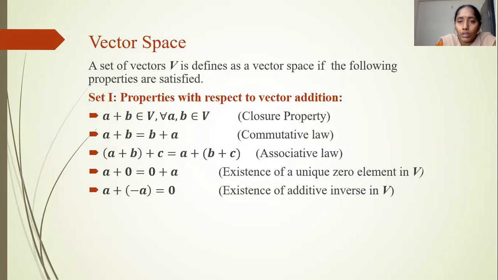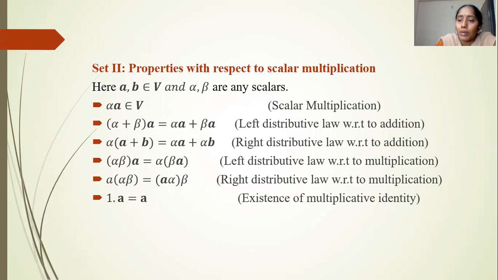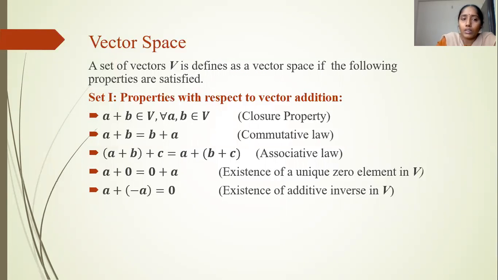So we divide them into two sets: set 1 is with respect to vector addition and set 2 is scalar multiplication. Now we go to set 1. The set of vectors V is defined as a vector space if the following properties are satisfied. Set 1 has the properties with respect to vector addition. Here A and B are in the set V.